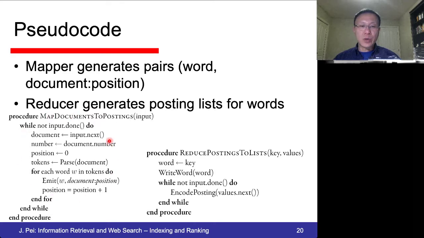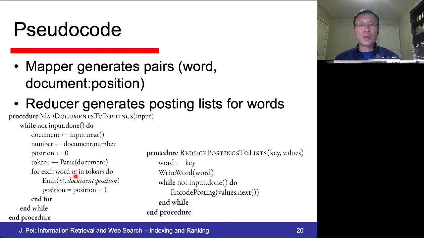The code works as follows. The map stage does the following. It keeps consuming the input, and once it gets a document, it looks at the number of words in the document, and then starts from position 0. And then it parses the document.